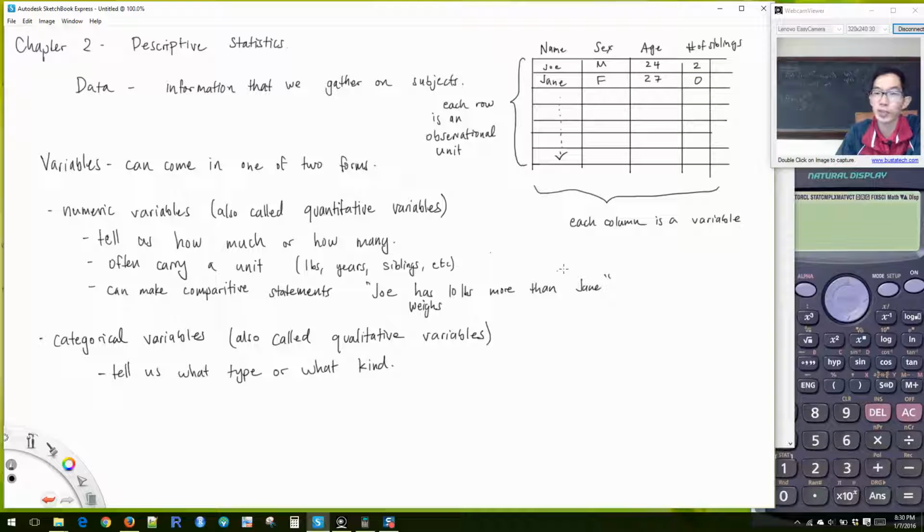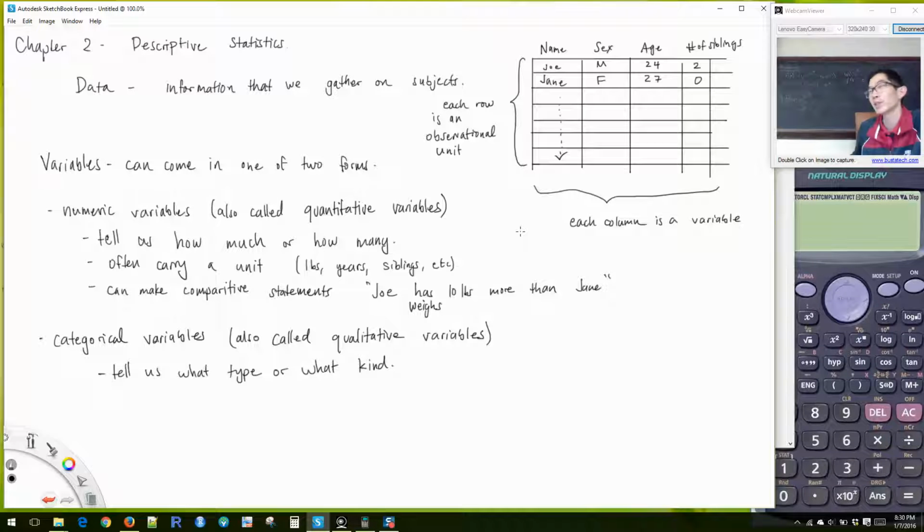As far as numeric variables, I guess you can further divide this into discrete and continuous variables. So you can think of discrete as only certain values being possible. Whole number values are often the case for discrete variables. Continuous variables exist on a continuum with decimals.